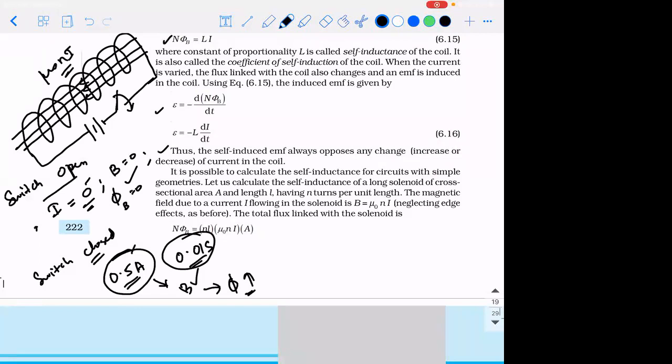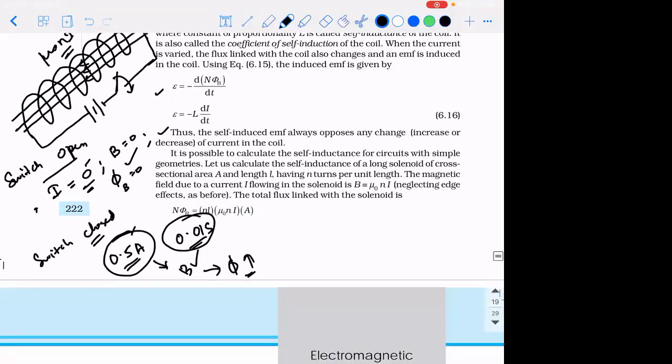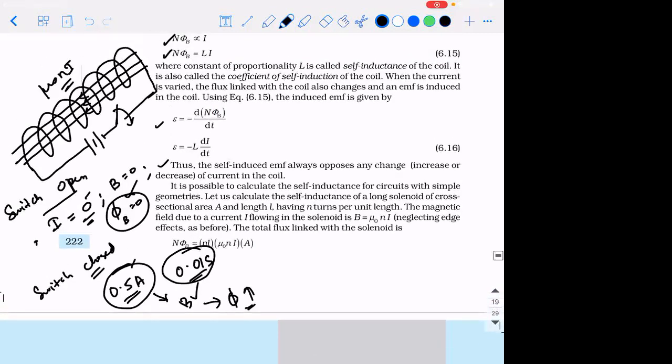So the amount of flux linked with the coil is going to change between these two values, as a result of which, if change of flux is taking place within the solenoid for that 0.01 seconds, what is it that you're going to expect? What can you expect?